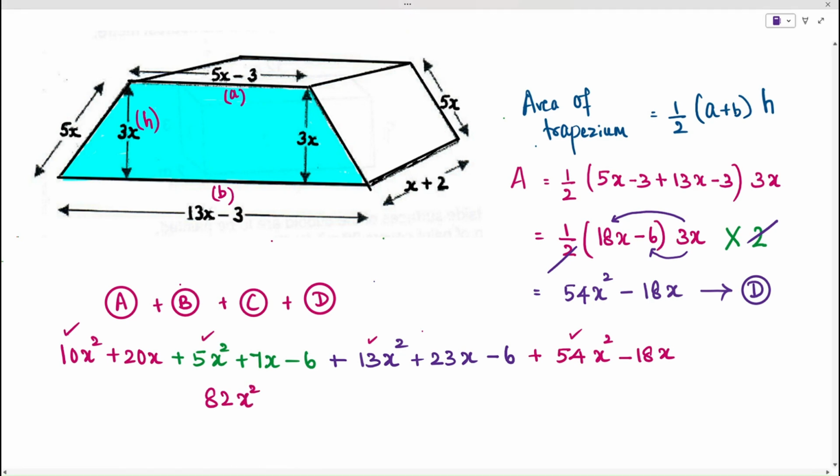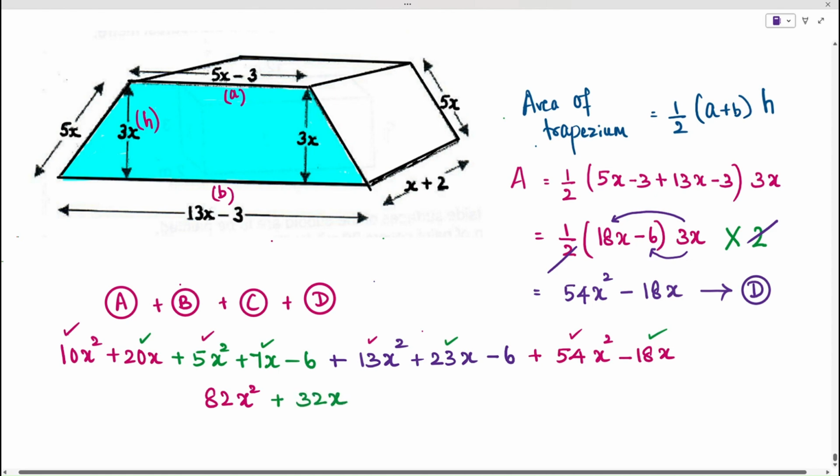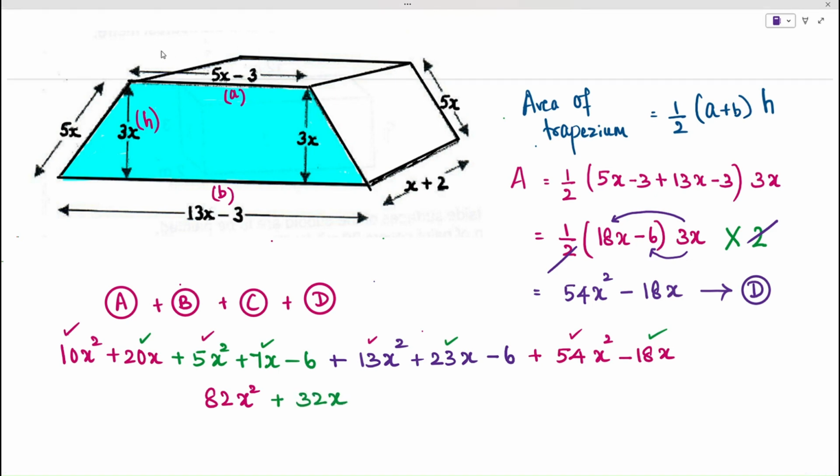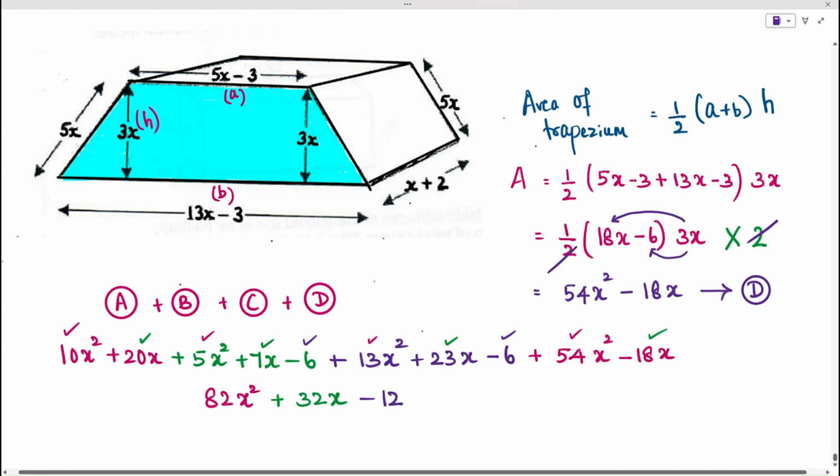We have 20x, 7x, 23x, and minus 18x. Adding them all together, we get plus 32x. And now we add our integer values. We have minus 6, and we have another minus 6 here, and so we get minus 12.